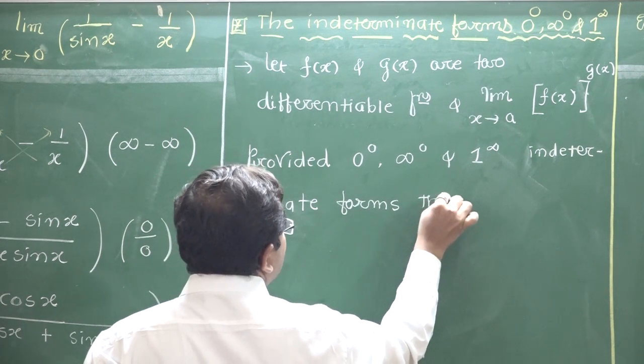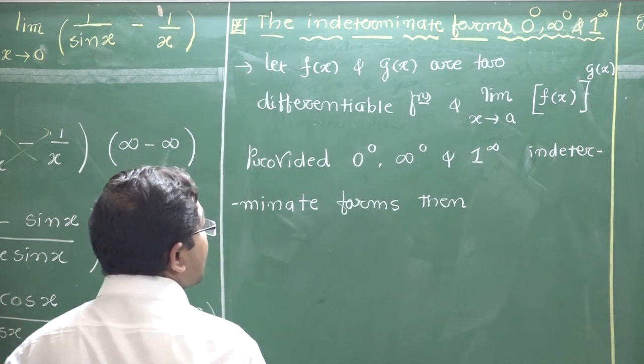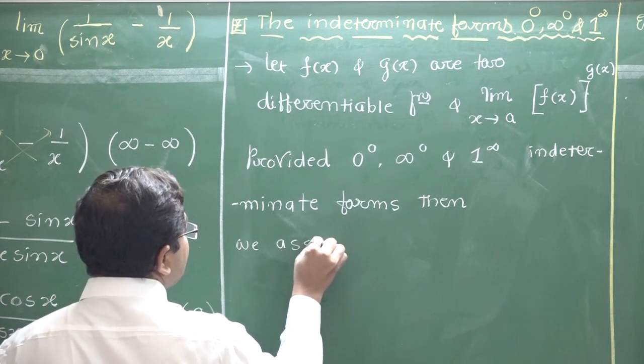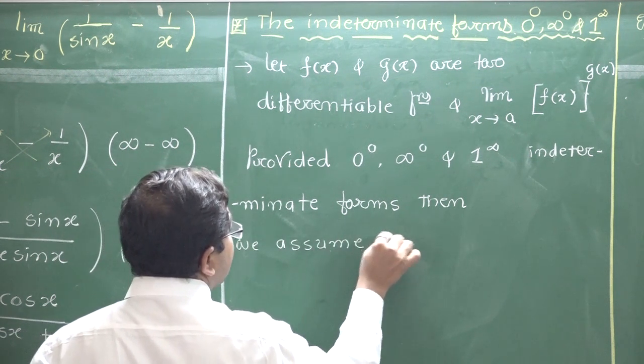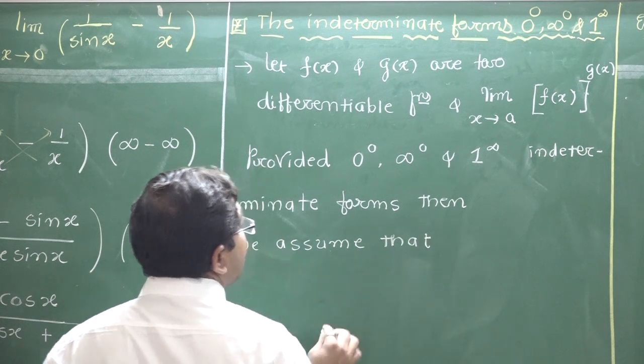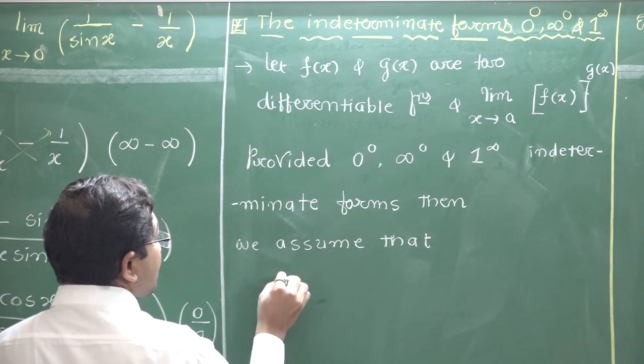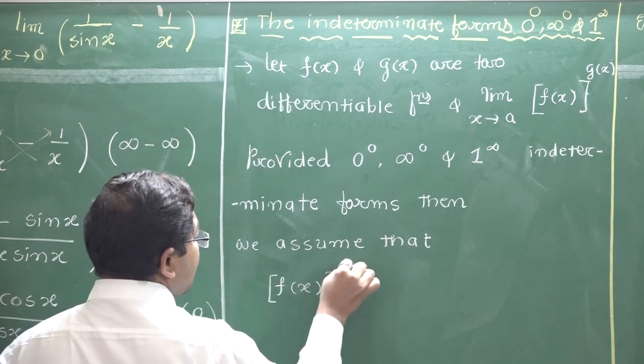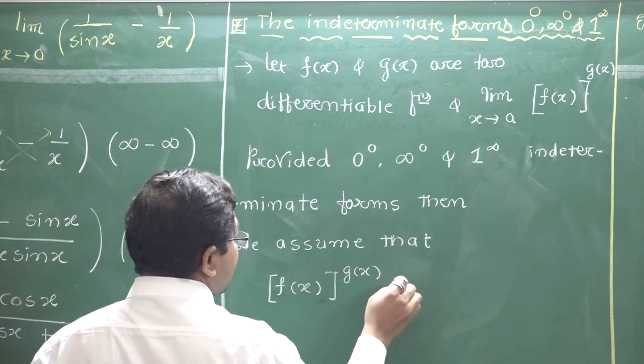Then what is the procedure? The procedure is, we assume that f of x power g of x is y.